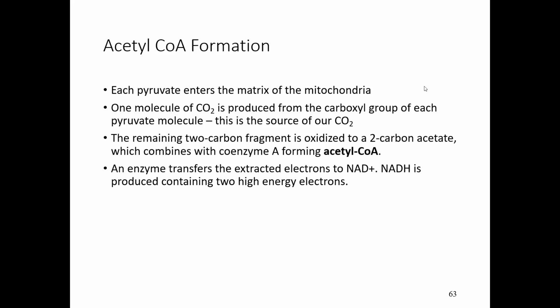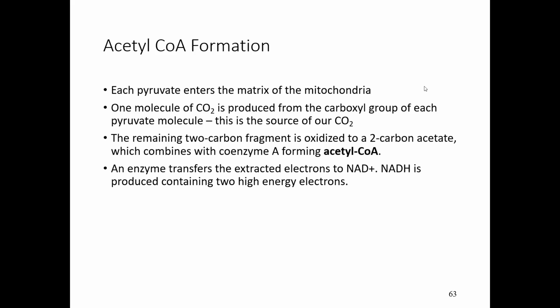If the cells are alive and the cells have oxygen, they're going to be generating carbon dioxide. Muscle cells are probably not going to generate a lot of carbon dioxide because they're not making pyruvic acid. All of our carbon dioxide comes from our mitochondria.